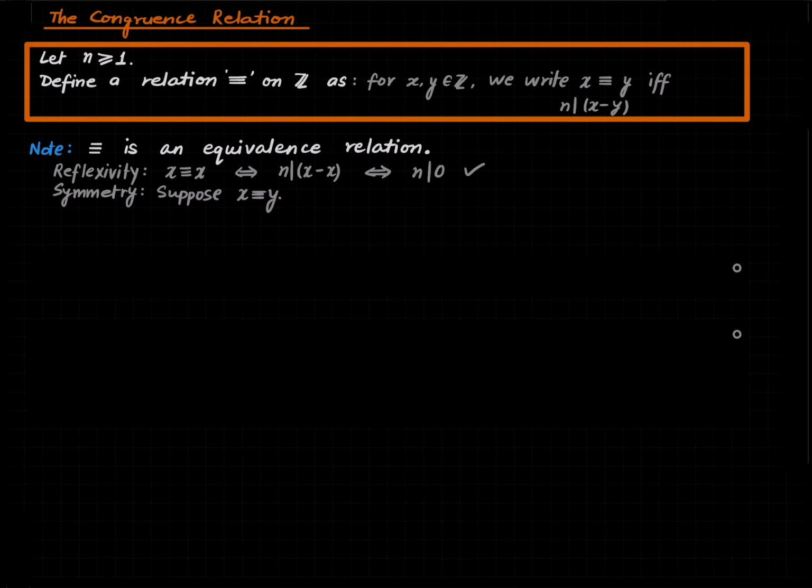Is it true that y is related to x? Then by definition n divides x minus y. But if n divides x minus y, then of course n divides y minus x, which is the same as saying that y is related to x. So symmetry also holds.